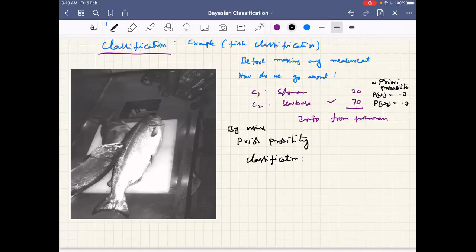Select, I don't know, have 100 numbers, select a number randomly. If it's between 1 to 70, just predict sea bass. So that would make it uniform as well. The problem there is, what you said is you have 100 fishes coming, so throw a random number. If it comes 1, you put it into sea bass, if 2, salmon. But 1 may come 70 times, 2 may come 30 times in the runs I make.